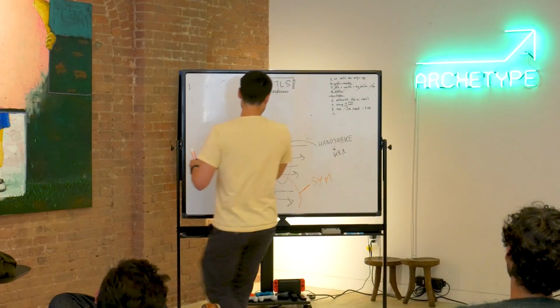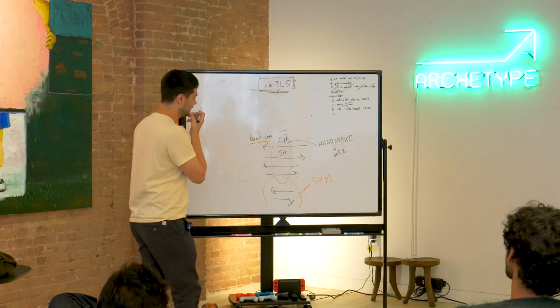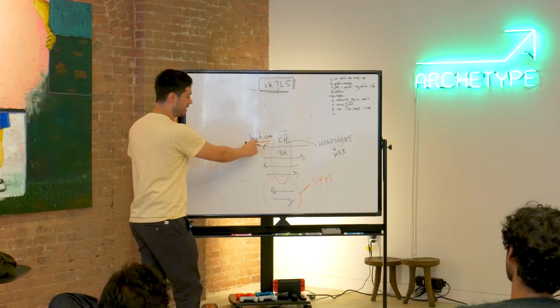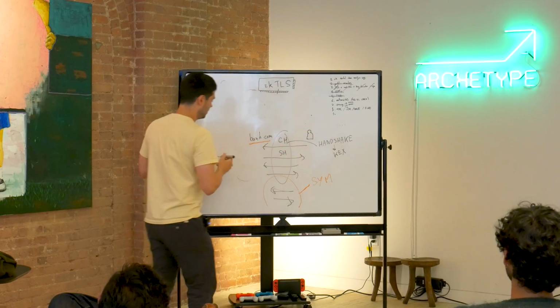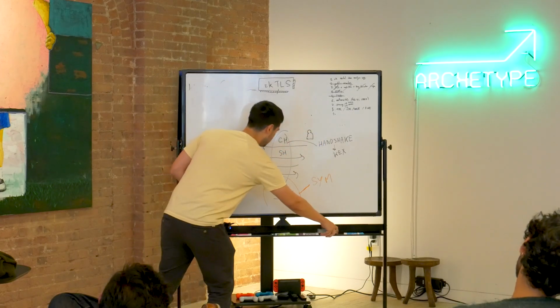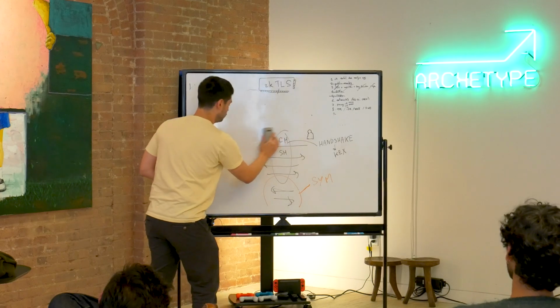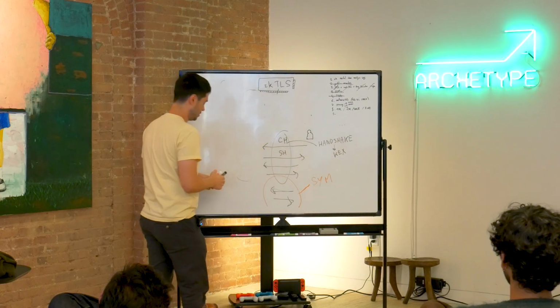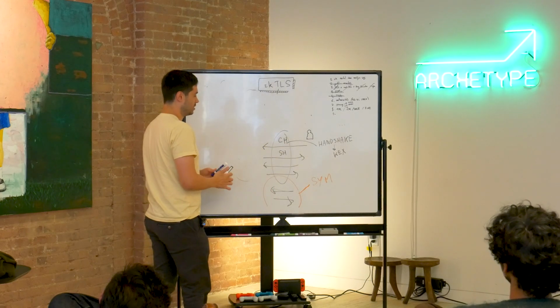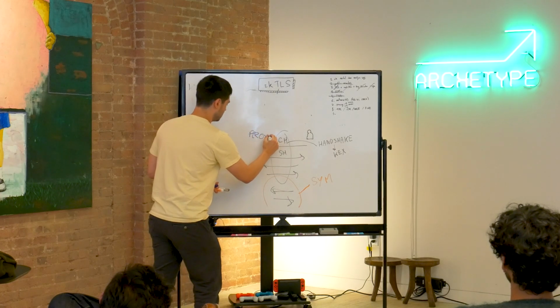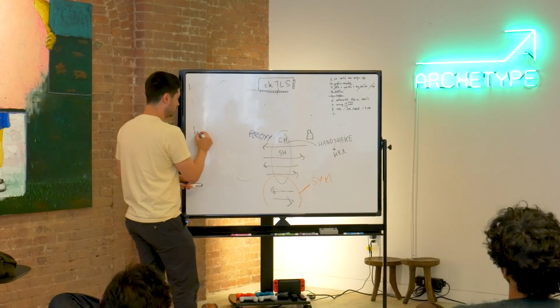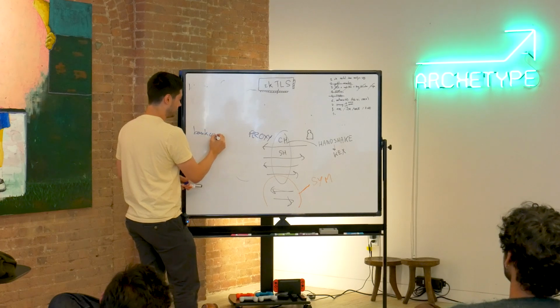So the way it works is that instead of talking directly to bank.com, I'm going to talk to a proxy. Let's call him proxy. And that proxy is going to talk to bank.com.